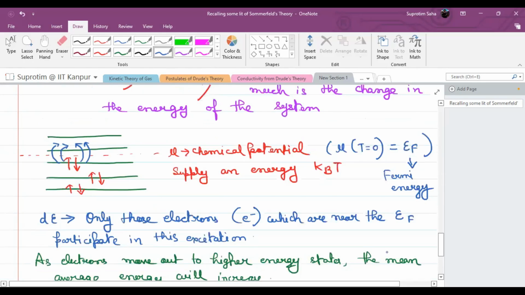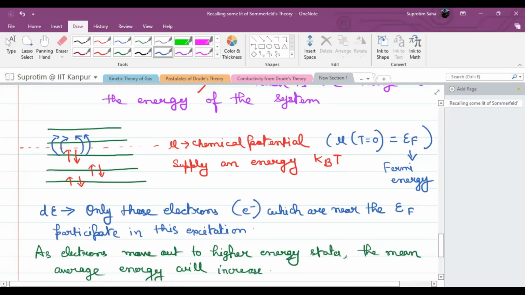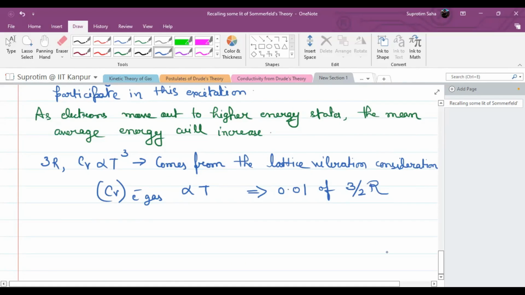So as I told, with the emphasis that this is all done at T equals 0, right? Up to a certain energy level, which is the Fermi energy, the electronic levels are filled. So if you increase the temperature, it's natural that you are not in the regime of T equals 0.